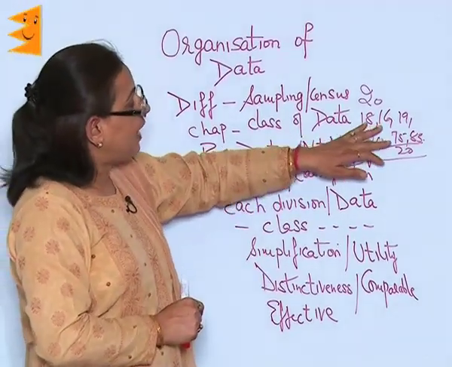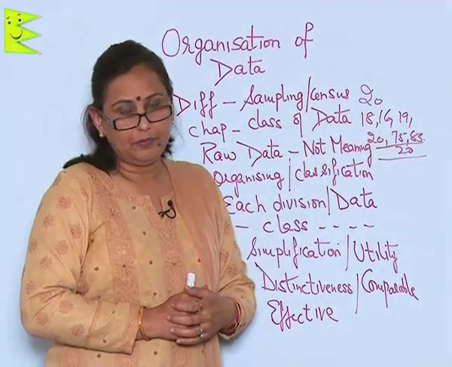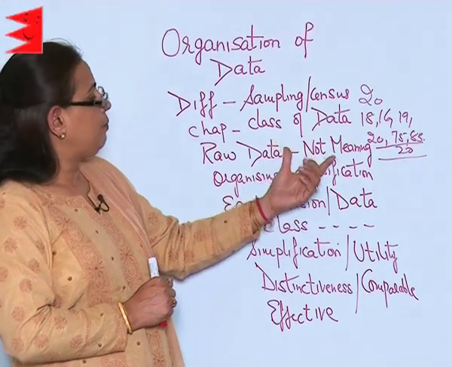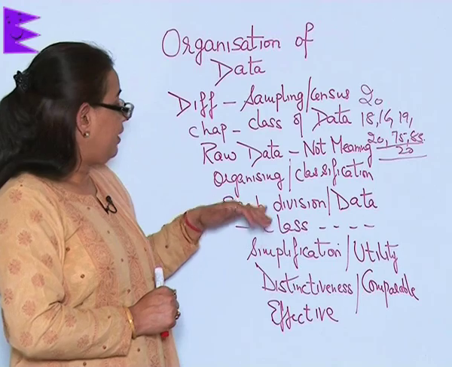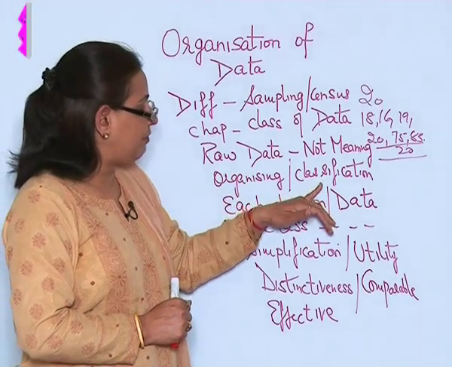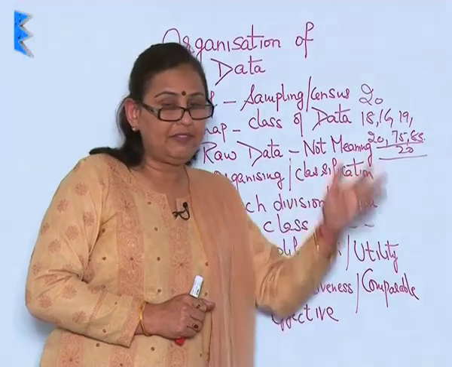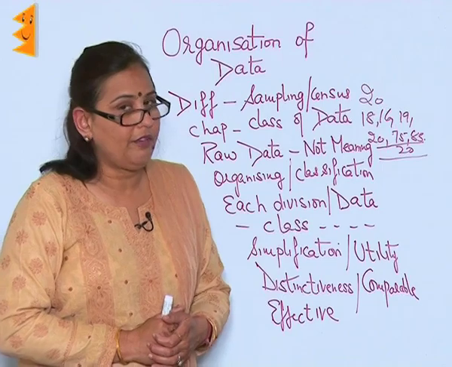Thus, when the data is there in a raw shape, it is in this manner, but we have to classify this data in order to make it meaningful. Well, organizing or classification of data, as I said, is essential because otherwise we cannot derive the information which we are looking forward to.